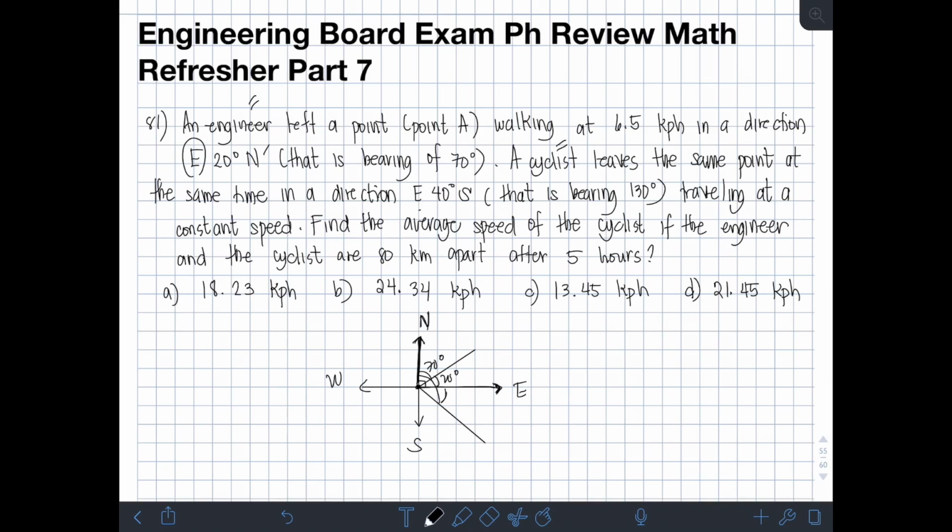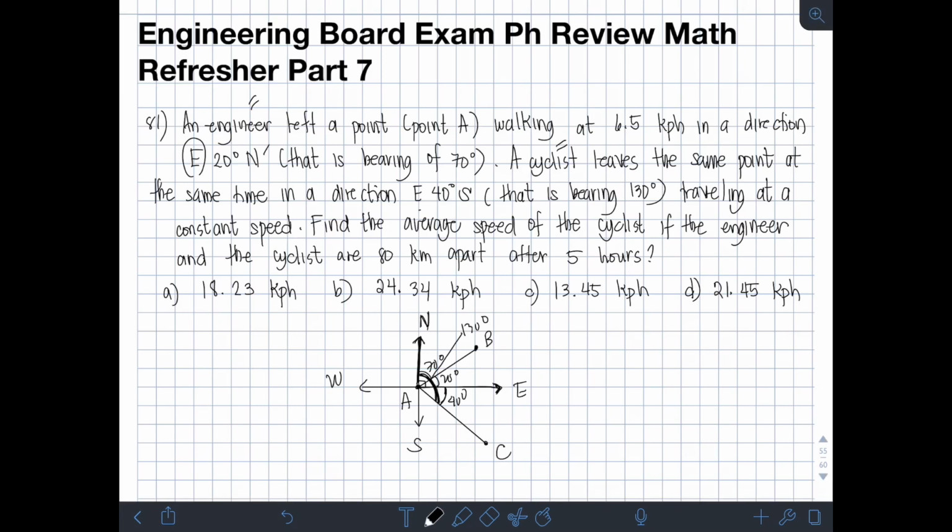So, ibig sabihin, ito ay 40 degree. Or, itong angle na to, kung bearing natin is, ito is 130 degree. Okay? So, pangalanan natin, let's say, yung starting point nila is A, tapos yung end point nitong engineer is B, tapos, yung endpoint nitong cyclist is C.